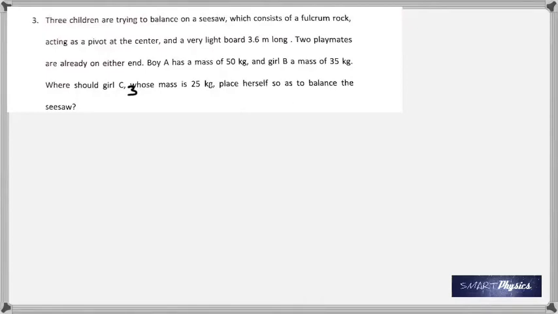In this question, three children are trying to balance on a seesaw, which consists of a fulcrum rock acting as the pivot, and it's a very light board, 3.6 meters long. Two playmates are already on either end. The boy has a mass 50 kilogram and the girl a mass of 35. Where should another girl C be seated whose mass is 25 to balance the seesaw? So that's the seesaw, that's the rock acting as the fulcrum.